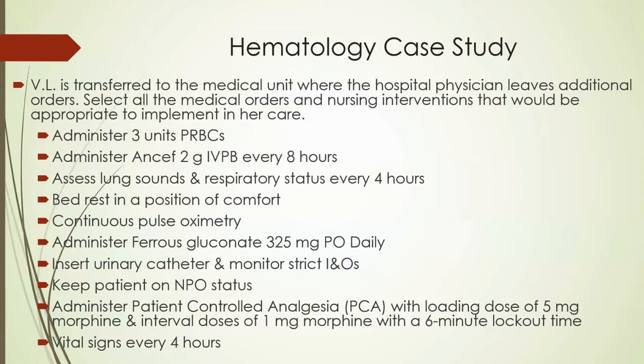How about administering a patient-controlled analgesic pump with a loading dose of 5 milligrams of morphine and interval doses of 1 milligram with a 6-minute lockout? Right, because the sickling causes pain, so the patient-controlled analgesic will let her administer the medication when she wants. Now, you may or may not be familiar with PCA pumps.